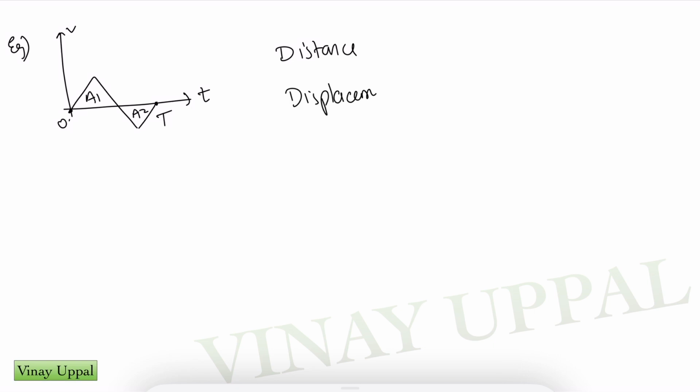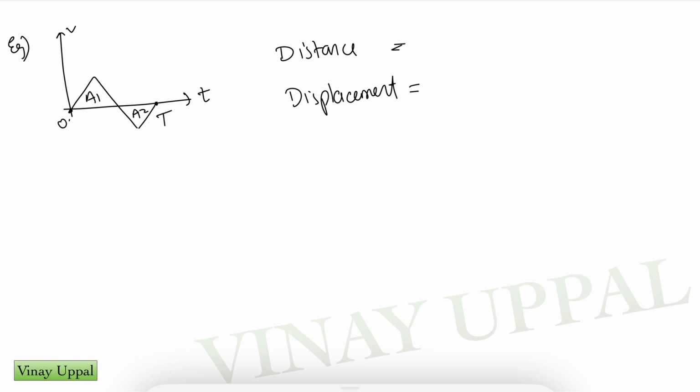For example, if you have a simple graph, something of this sort, and let's say this area is A1 and the lower triangle has an area A2. From, let's say, 0 to capital T, the distance and displacement, both of these can be asked.